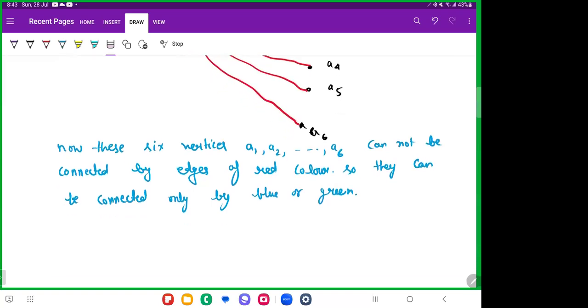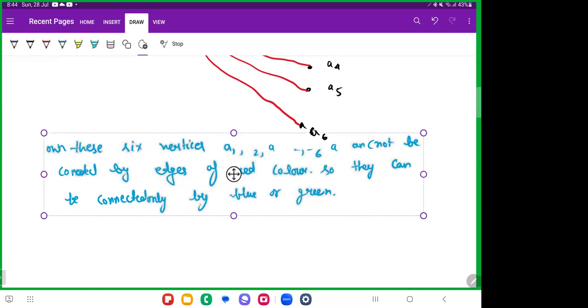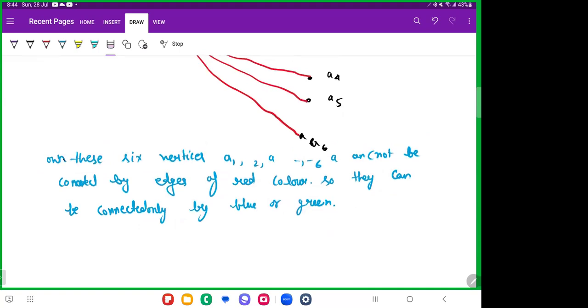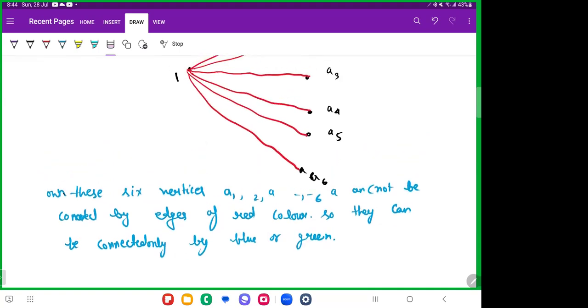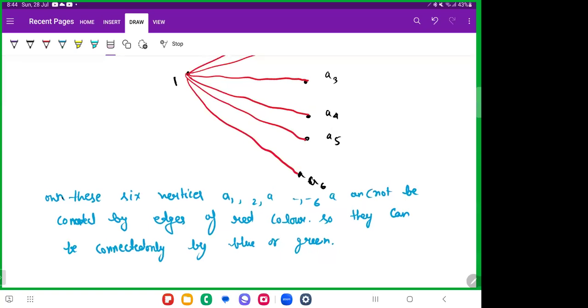Yes, among the five vertices, the K5 will definitely have at least one red edge, because we have three colors. In K5 you have 15 edges, so if you color them, you cannot have all of them green and blue. No, you are not correct. Why? Because you have six vertices, and I am saying that they can be connected only by two colors, blue and green. So what is the contradiction?